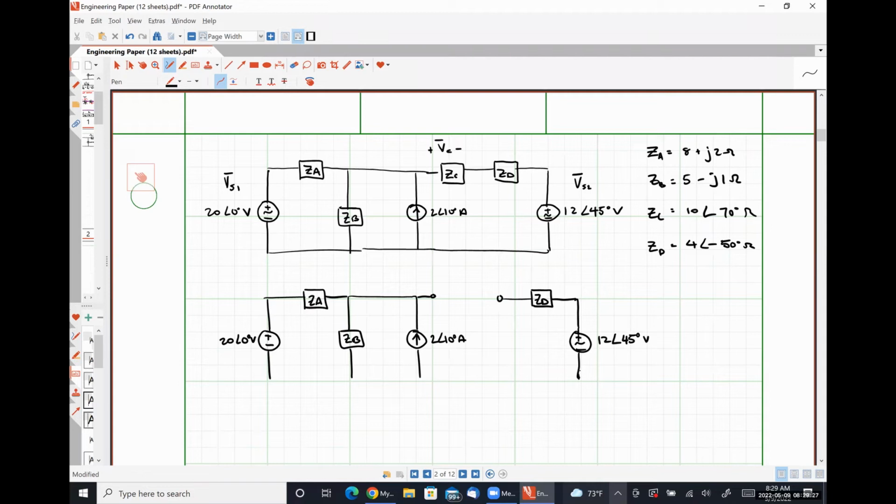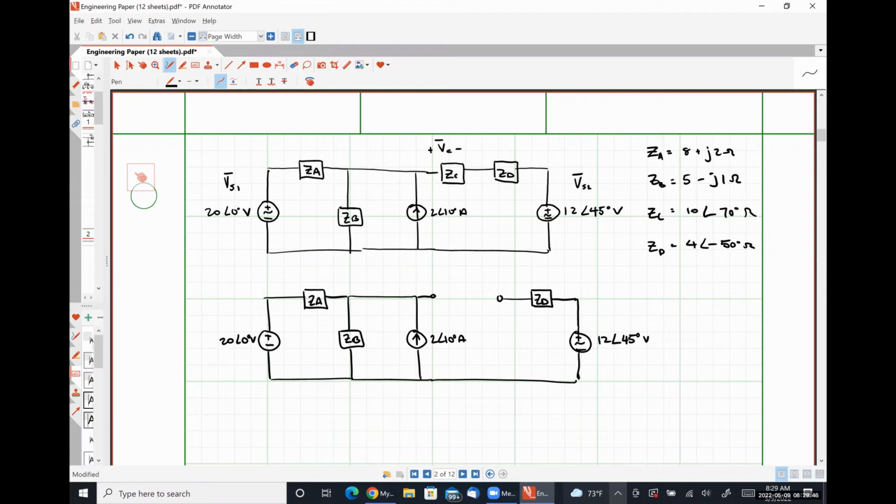Now, because I don't want to wind up getting a system of equations, I am not going to use mesh analysis or anything like that here.